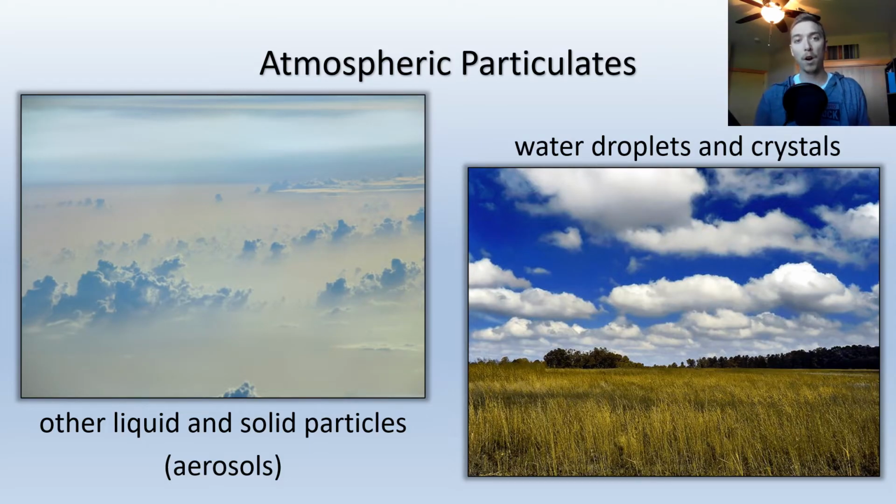So what are atmospheric particulates? We can see some of them here. They serve as the nuclei for clouds. So liquid and solid particles, what we call aerosols. Also water droplets and crystals, so condensed or frozen water, can serve as nuclei as well.